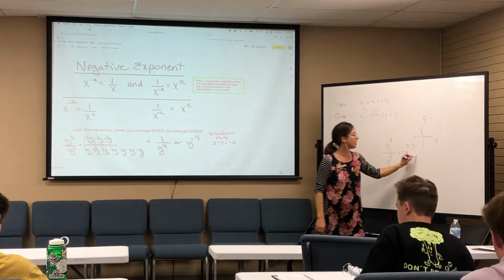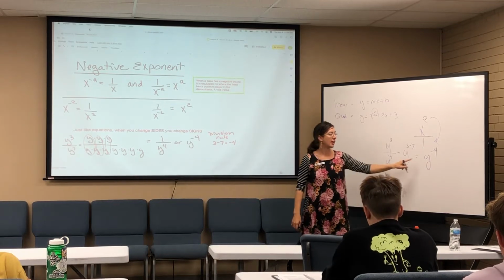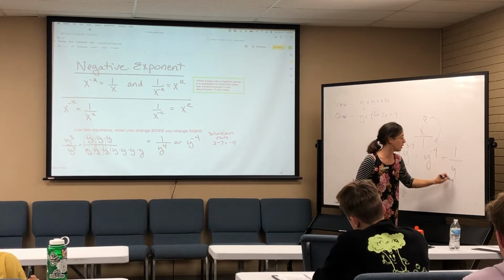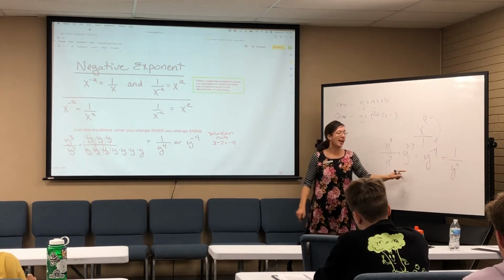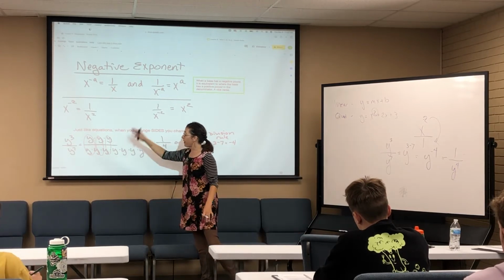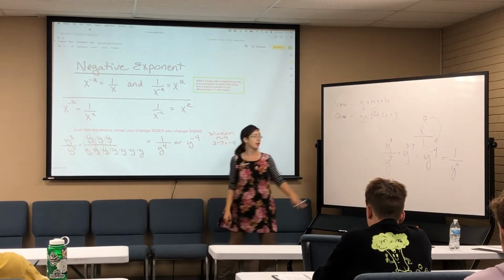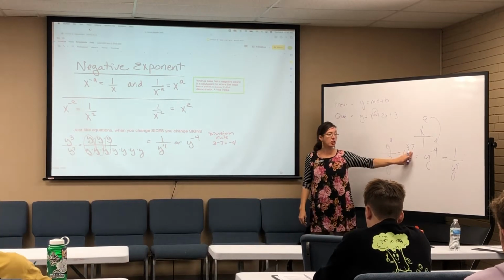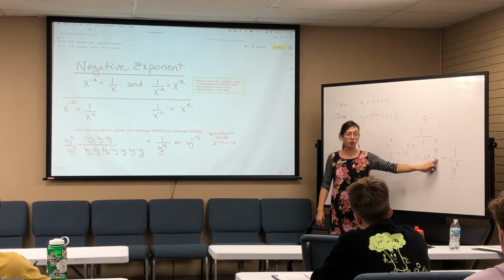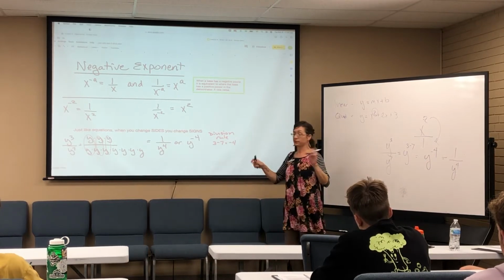So this would give me y to the negative 4th. Can I leave it as y to the negative 4th? No, I have to put it on the bottom, so I've got y to the 4th on the bottom. And if we see, when we actually write out our factors and we cancel out what we can, what we really ended up with was 1 over y to the 4th. But our division property worked, our negative exponent property worked, and we end up with the same answer both ways, right?